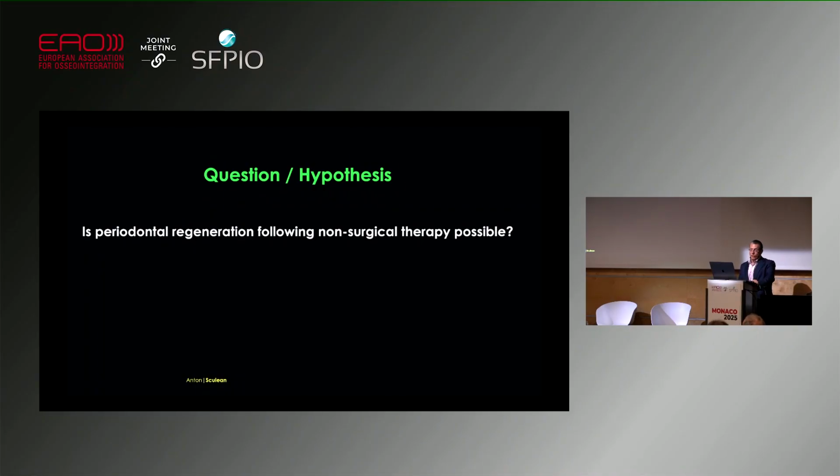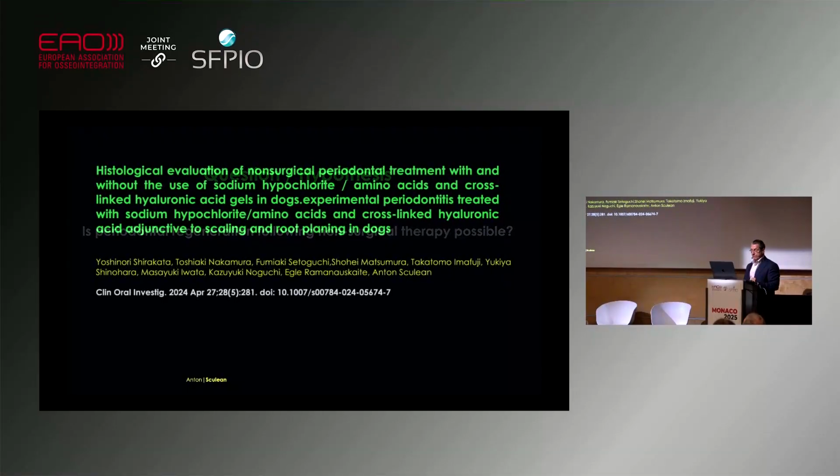If you look at the literature, until now, this is not possible because we have many histological studies from animals and also human biopsies where all the healing resulted in a long junctional epithelium and ingrowth of connective tissue. So no periodontal regeneration is, according to the literature, possible if you don't open a flap. And that's why we were keen to look at this particular aspect.